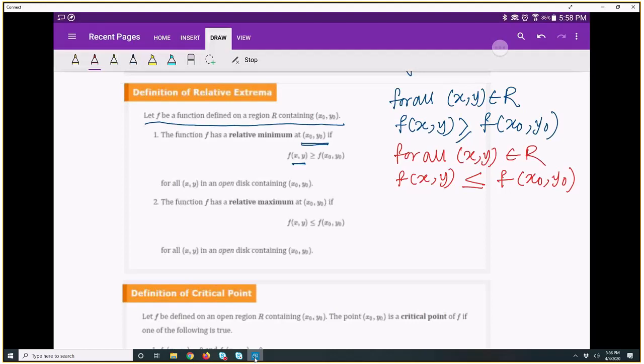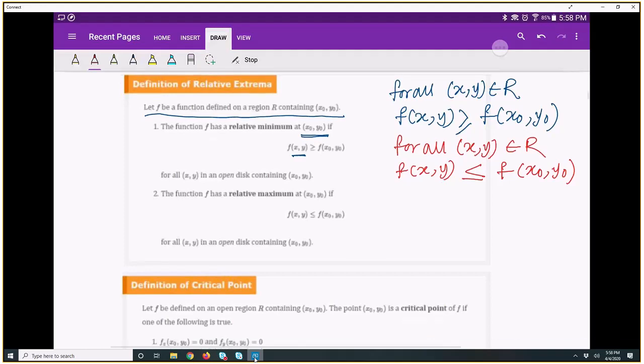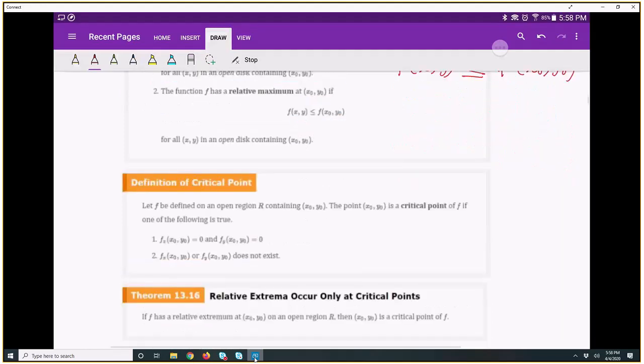In other words, f attains the relative maximum at this point x0, y0. And remember, these are only over the region R. It doesn't have to be over the entire domain of definition of the function. Hence, we cannot call it the global maximum or global minimum. They are local maximums and minimums, so relative maximum or relative minimum.